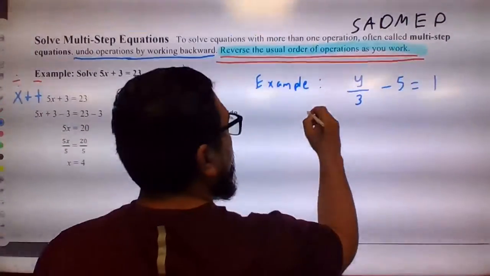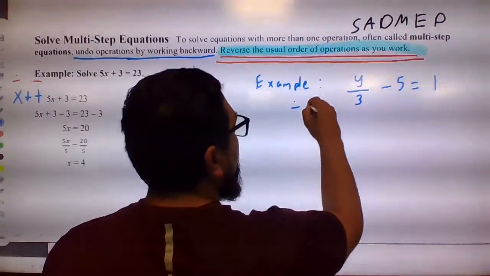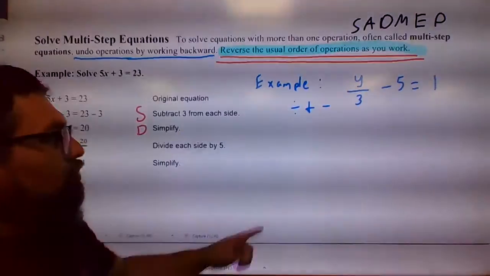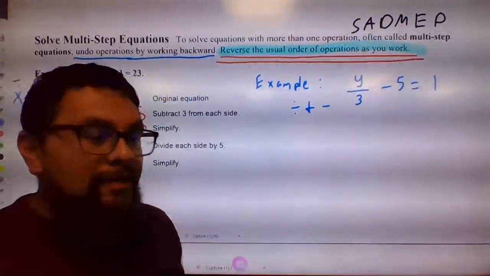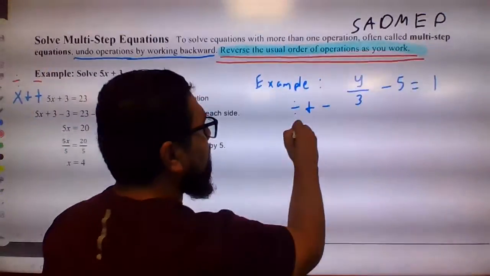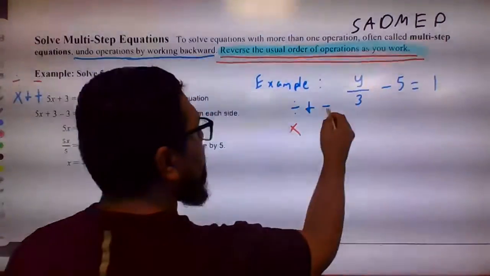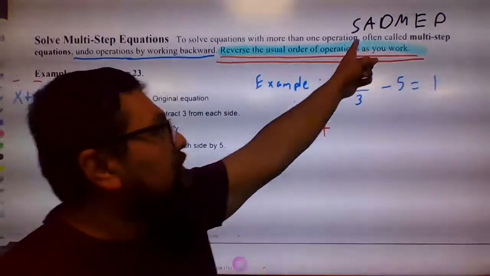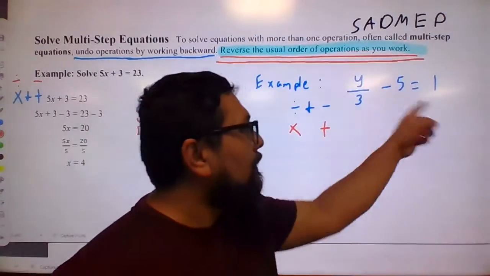So there's division and subtraction. That's what's going on here. Okay, so what do we need to use to undo this? To undo the division, we're going to need multiplication. And to undo the subtraction, we're going to need addition. Yes? So here's SADMEP. So let's go ahead and start solving this one.